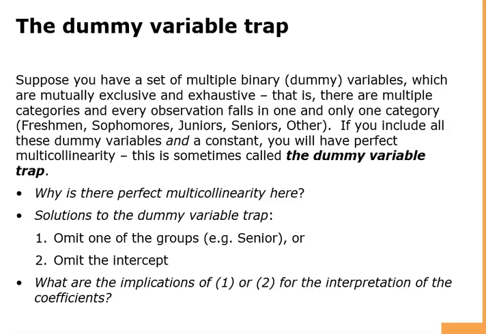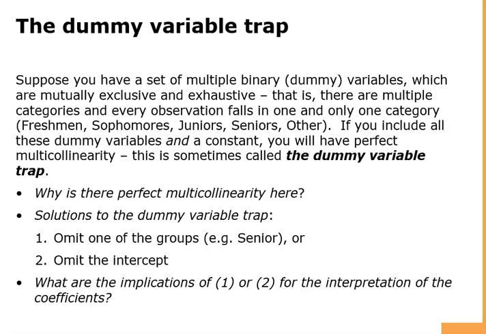So for example, if you are controlling for whether the student is freshman, sophomore, junior, or senior, and you actually have separate variables for freshman, sophomore, junior, and senior, in which if you are in one of those categories, then you take the value of 1. If you are not in that category, you take the value of 0. Then it would simply mean that freshman plus sophomore plus junior plus senior will actually give us the value of 1. So this is called the dummy variable trap.